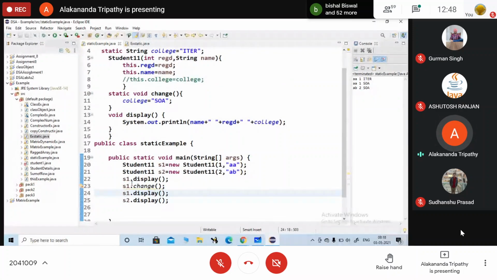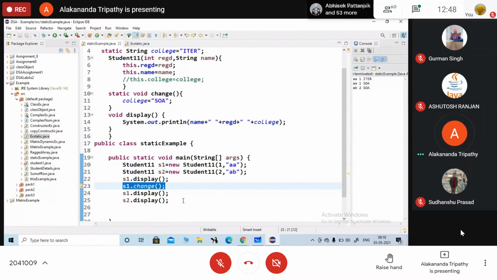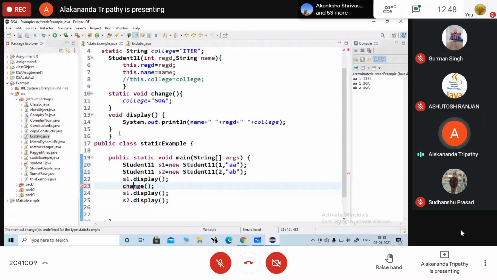Now here it is taking everything. Okay. And here we don't need the instance of the class in order to call a static method, but this version of Java is accepting everything. Okay. Static method change, it should be accessed in a static way. It just shows a warning, but it is working. Once it is the method of this class.